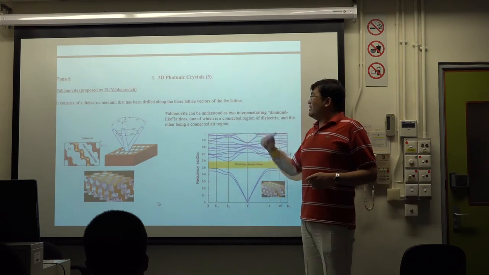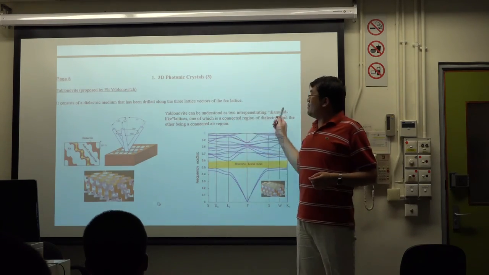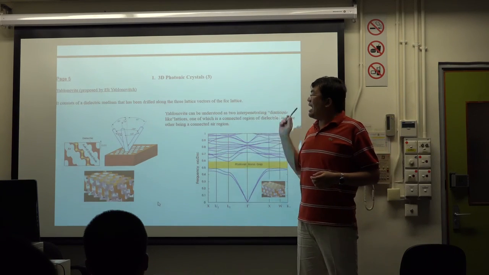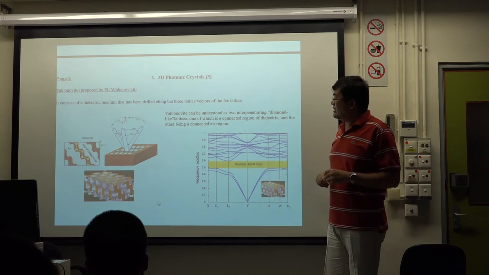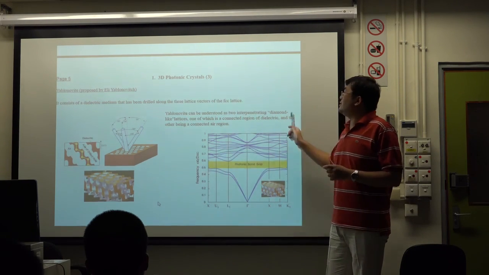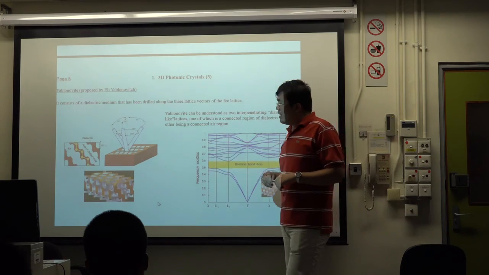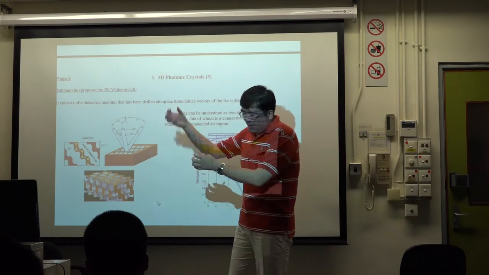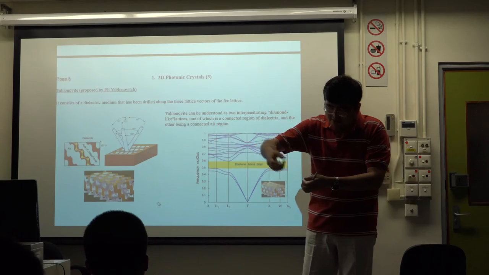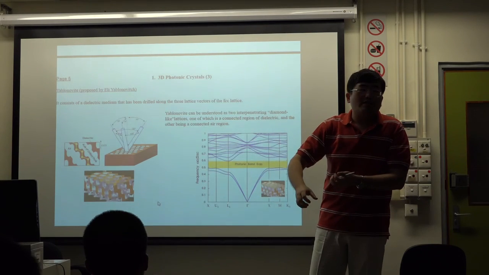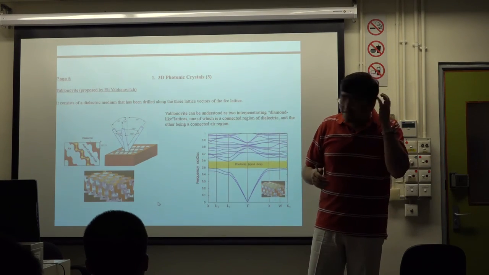So the Yablonovite structure can also be understood as diamond-like. Why should they drill in different directions? Because of diamond, remember diamond.